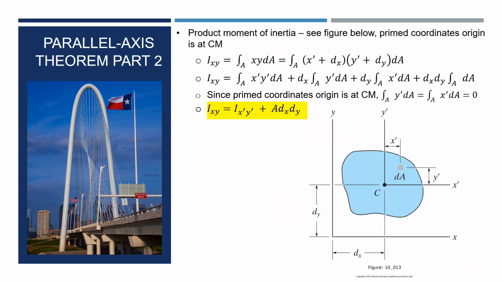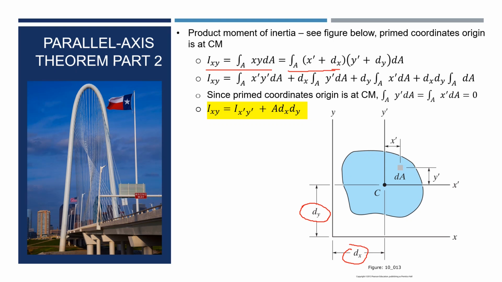Now we need to talk about the parallel axis theorem for product moment of inertia. Very similar reasoning to the moment of inertia, the regular moment of inertias, Ix and Iy. So here's the definition of product moment of inertia. We put in for x, x prime plus dx.